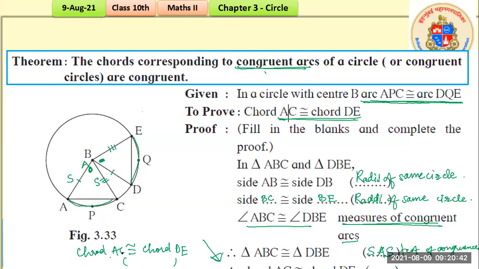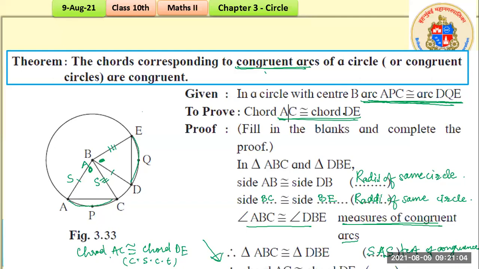In this case, we are looking for sides, so it will be CSCT, that is corresponding sides of congruent triangles. So this completes the proof. That was when two arcs are congruent, then their corresponding chords are also congruent.